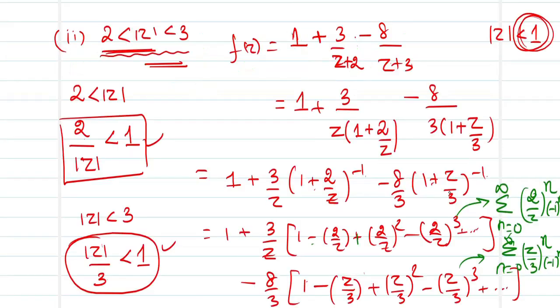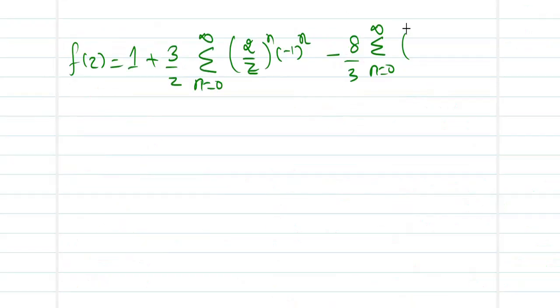You have this to be equal to z by 3 the whole to the power of n and a minus 1 power n.